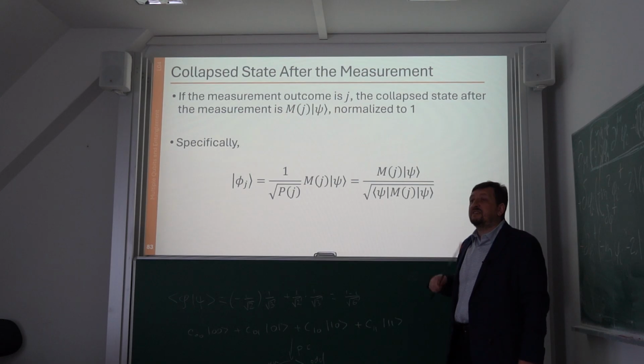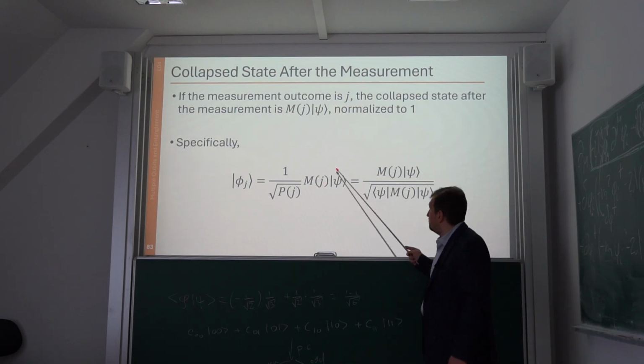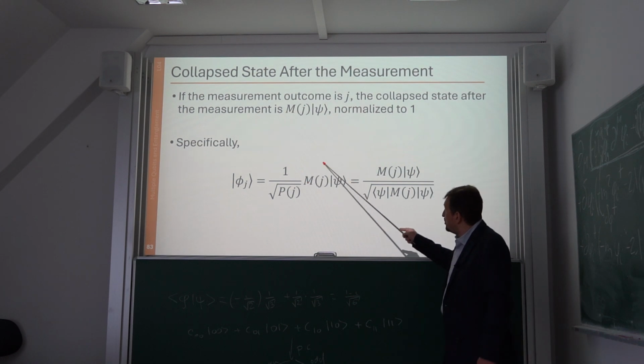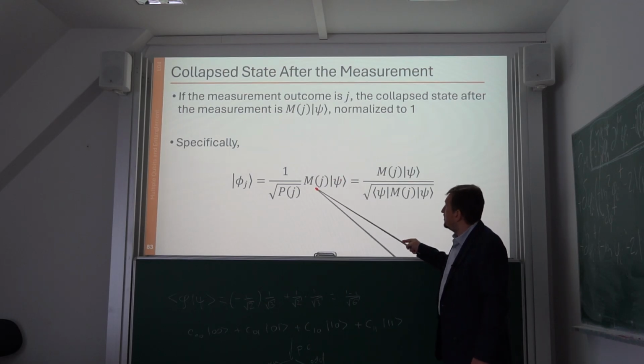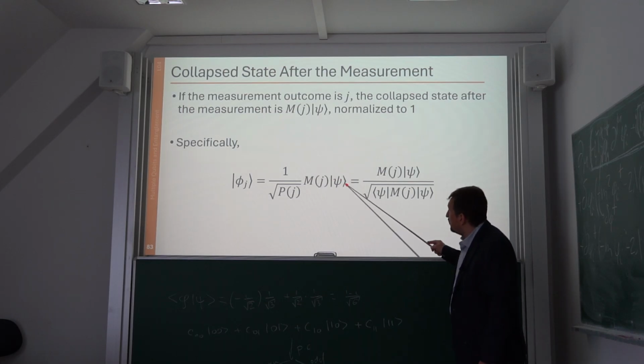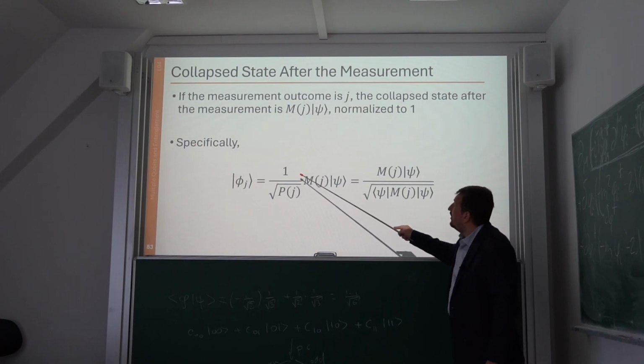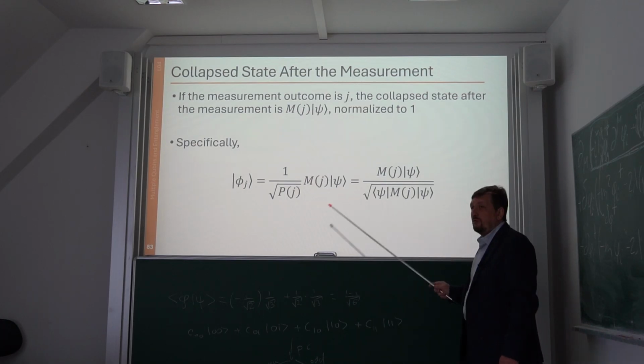And what is the state after the measurement? The state after the measurement is basically this projected state. So this is your initial state to which you apply the measurement. This is the projection, so this is the projected state, but we have to normalize it to 1.